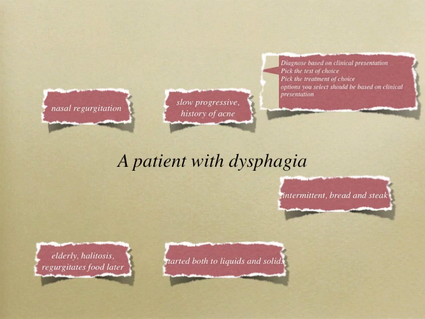So let's go through a variety of these clinical problems that you would see. So these are patients who are presenting to you with dysphagia. The first is a patient who presents with nasal regurgitation. The second is a patient who has progressive, rather slowly progressive dysphagia and a history of acne, and you wonder why that clue was there.